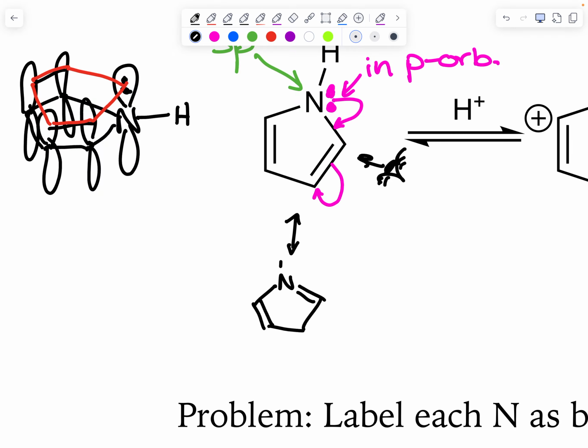The one on the top does not have that problem. Okay? That nitrogen has a pi bond to it already. So it cannot have a pi bond and have a lone pair resonating at the same time.